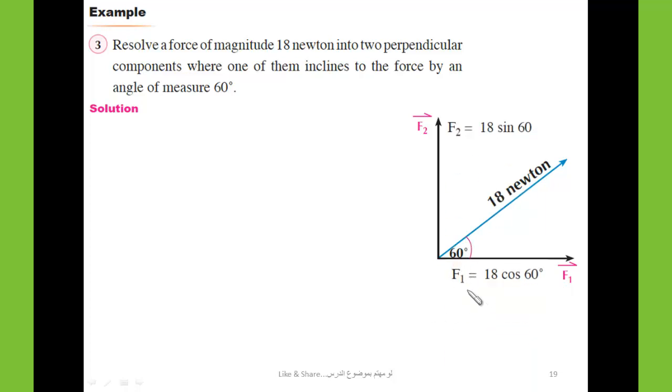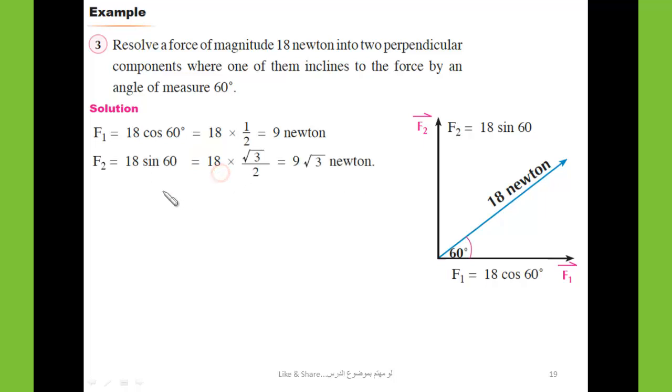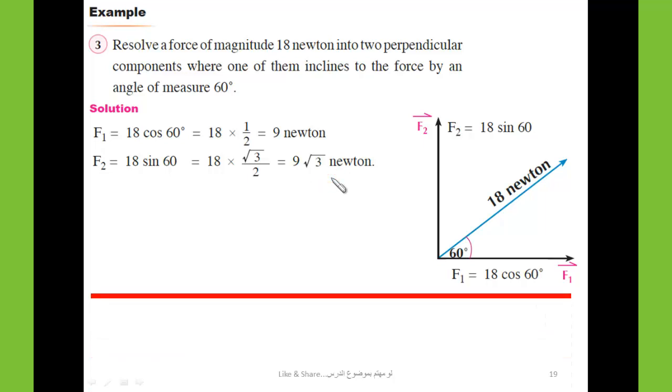So F1 equals 18 cosine 60, and F2 equals 18 sine 60. Cosine 60 equals half, so F1 equals 9 newtons, and F2 equals 18 sine 60, and sine 60 equals root 3 over 2. So the result will be 9 root 3 newtons.